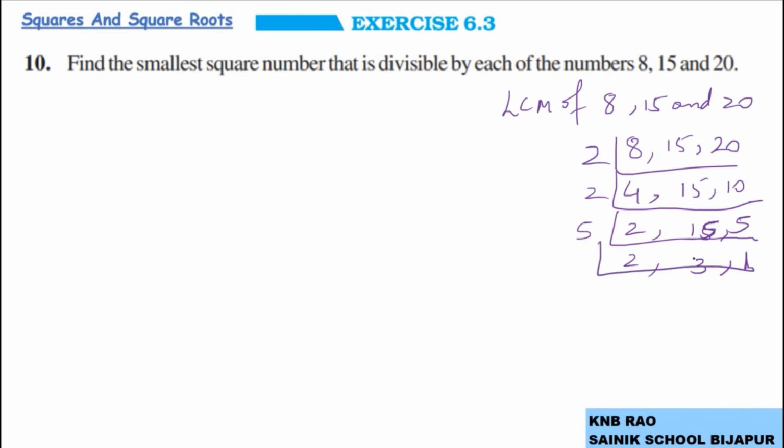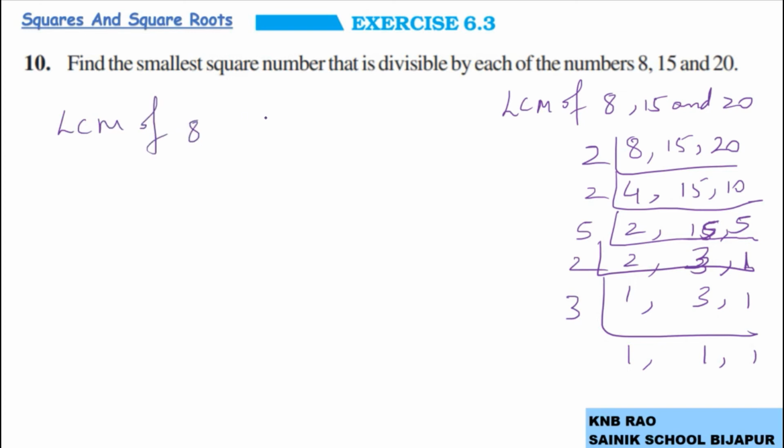Now 2 1s are 2, 3 comes as it is, then 3 1s are 3, 1 and 1. Therefore the LCM of 8, 15 and 20 is 2 into 2 into 5 into 2 into 3.